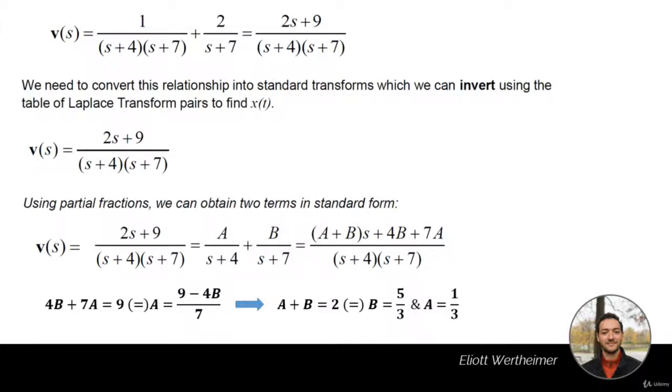On the left it's 2, on the right it's a plus b. So you know that a plus b is going to be equal to 2. You can do the same with the number that is not multiplied by s. So you have 4b plus 7a is equal to 9. Simply you can now develop this, put the equations back together, and you get that b is equal to 5/3 while a is equal to 1/3.